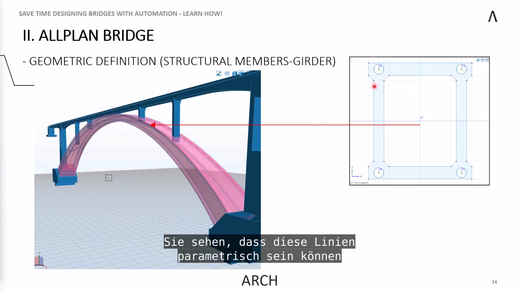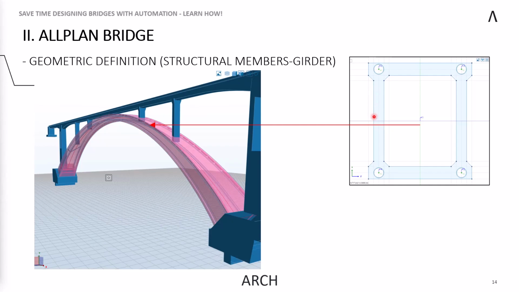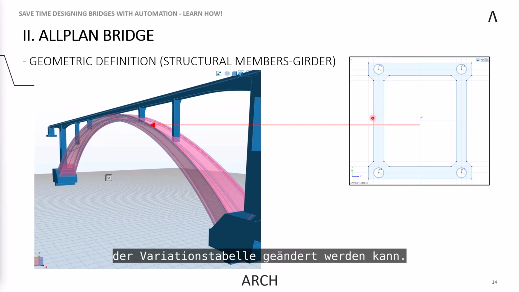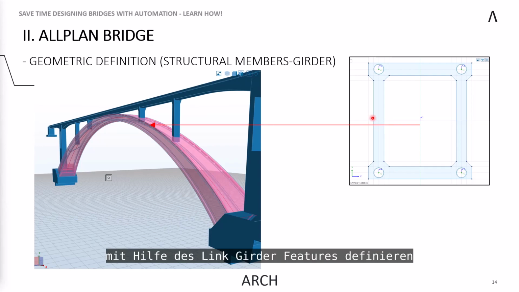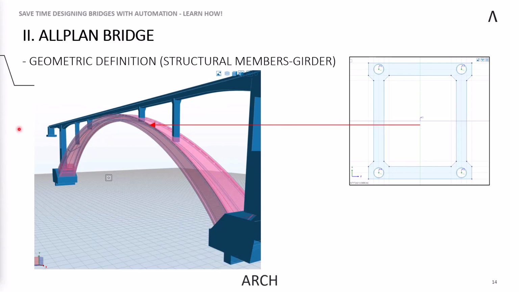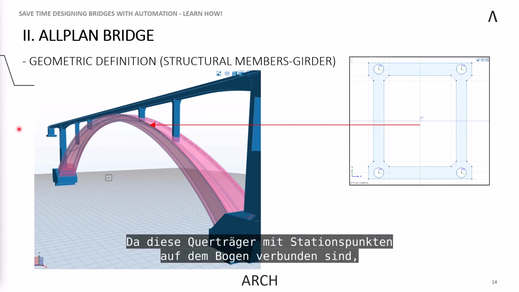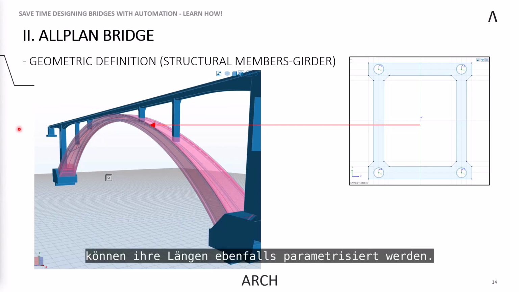You see, these lines can be parametric, and their width and thickness can be changed based on the variation table. Additionally, you can define the cross members by using the link girder feature and connect them to the reference point on the assigned section. Since these cross members are connected to station points on the arch, their lengths can also be parametric.